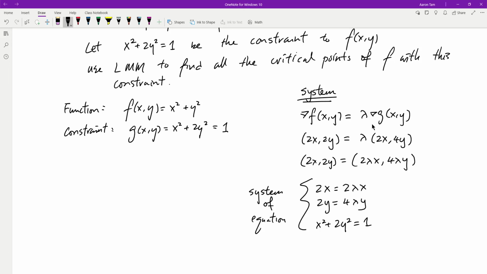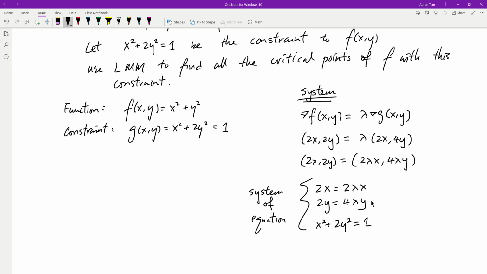But it does require that the number of equations match the number of variables. How many variables are in this system? We know there are 3 equations here, and if you count, the variables are x, y, and lambda. So there are 3 variables.